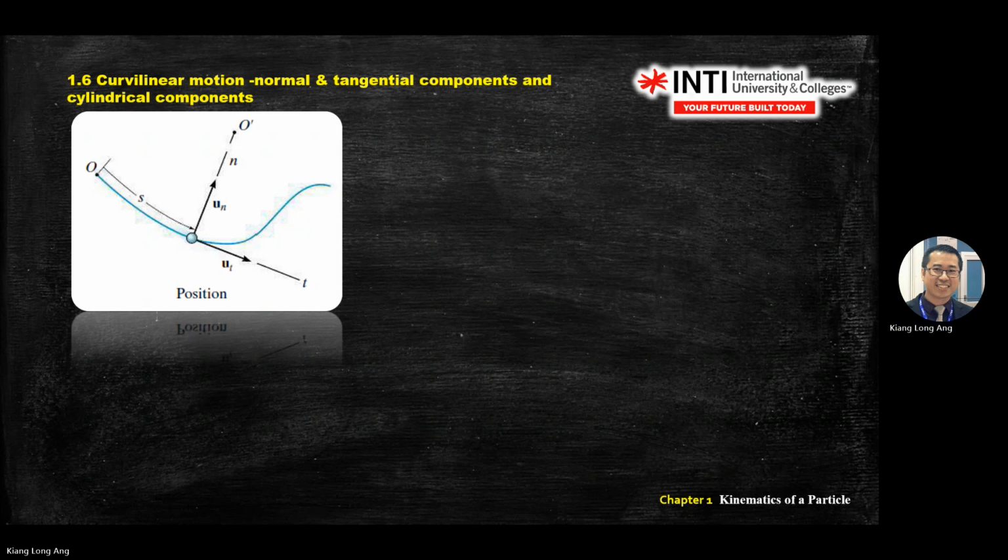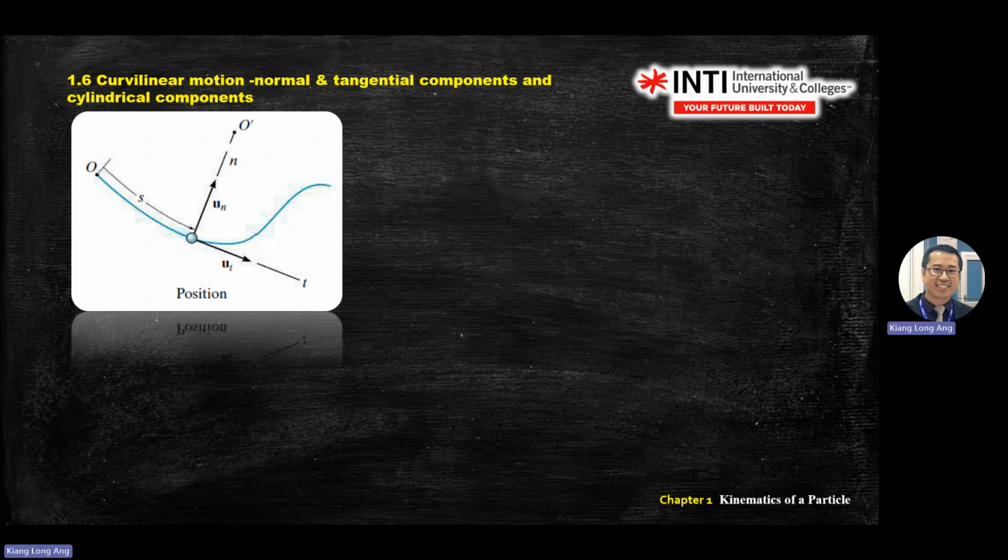motion that asks you to use tangent and cylindrical position. So what does it mean? You know that in a previous section, we had a tangent direction of velocity.